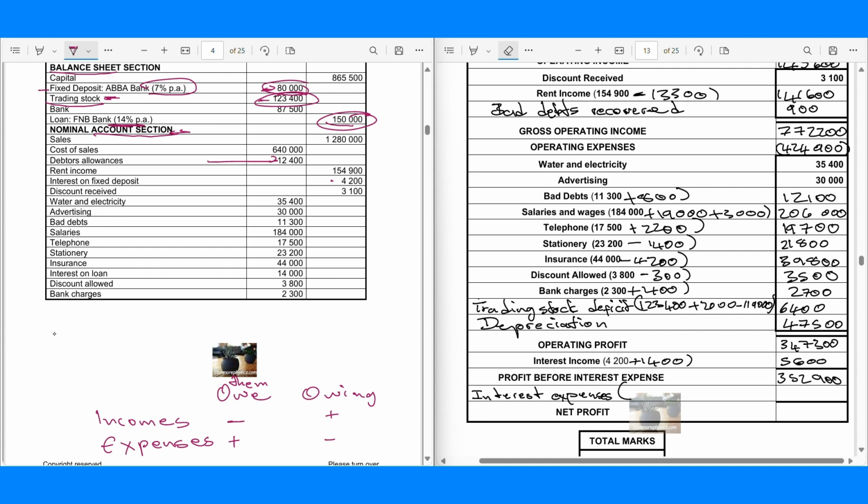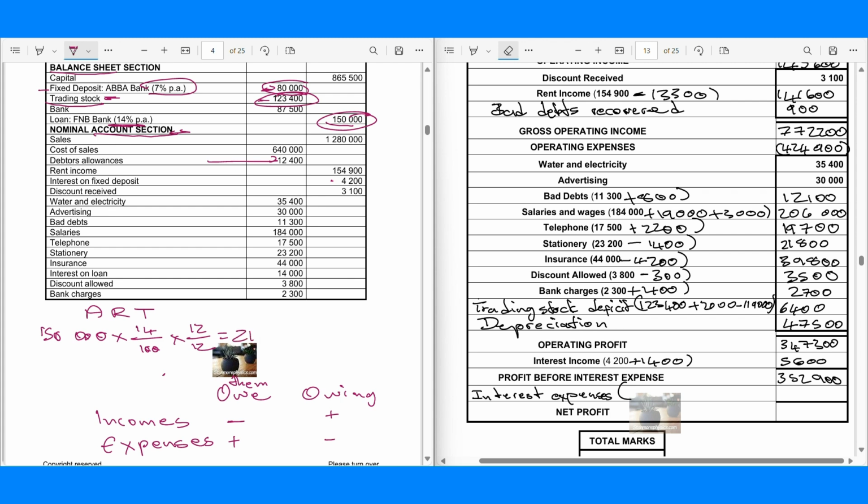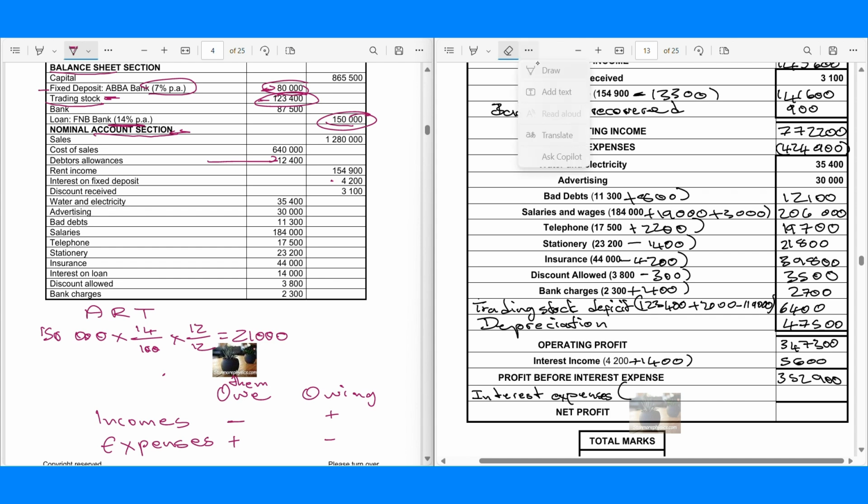So just use the rate, 150,000 times 14% over 100, times 12 over 12. Let's see what we are going to get. 150,000 times 14%, you're going to get 21,000. This is the interest expense that you are going to record here, 21,000.